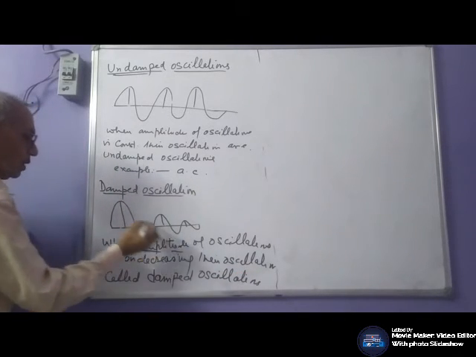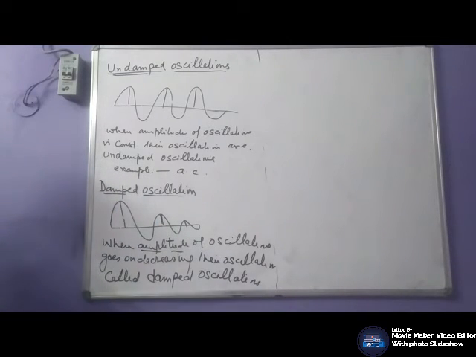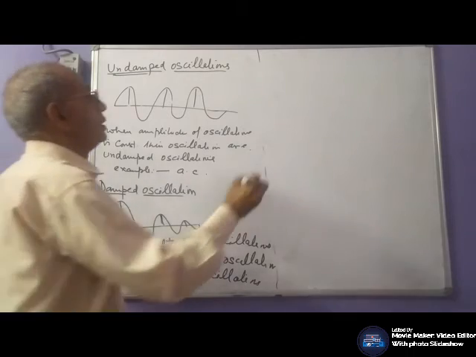Amplitude, this is amplitude, maximum displacement, ये कम होगी और कम होगी. Damped oscillations.